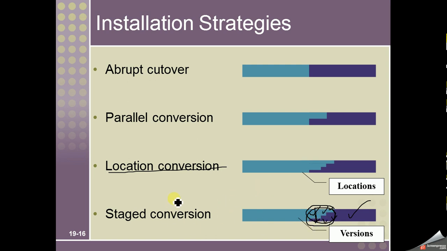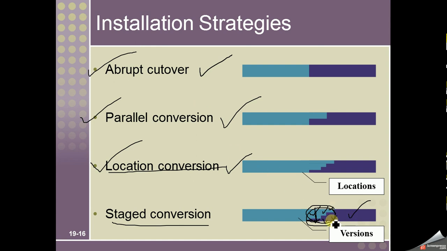And again, we can also mix staged conversion with location conversion, parallel conversion, and abrupt cutover, as we saw in the previous case. Let's say for the first subsystem, we pick one location, we use parallel conversion strategy, and then we keep doing this till all the locations, and in the last few, let's say, we use abrupt cutover.